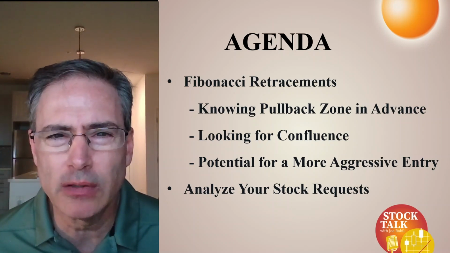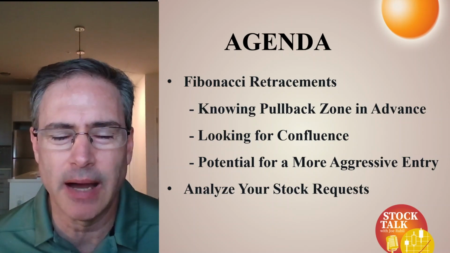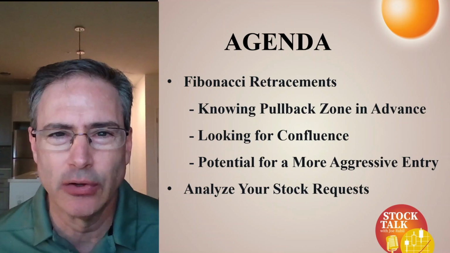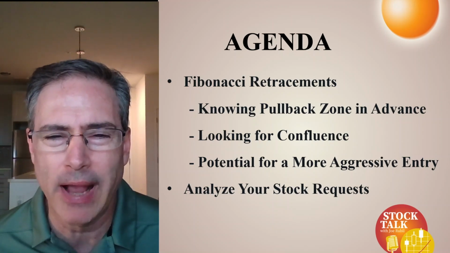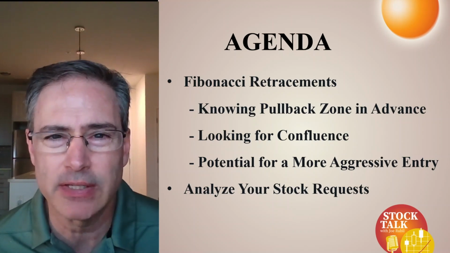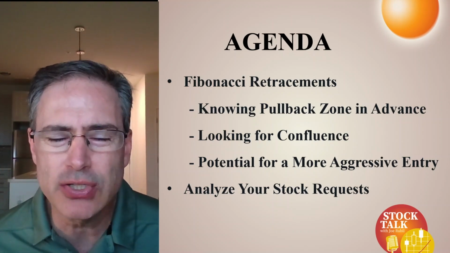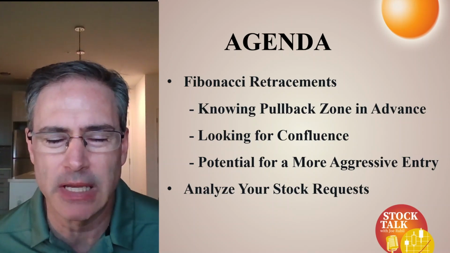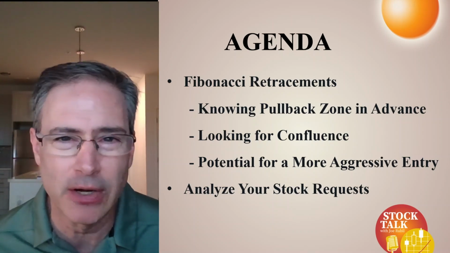And then I also want to look for confluence, and I'll give you a couple of examples of how I go about doing that: looking for areas that make the pullback even that much stronger or increase the confidence level a little bit more. And then also, I think there are ways where you can be a little bit more on the aggressive end of the spectrum if you're interested in doing that.